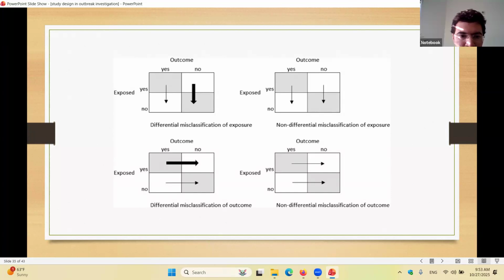It is differential when in one group you have more magnitude of this misclassification than the other group. Therefore, it affects your association measure, your odds ratio or your relative risk.